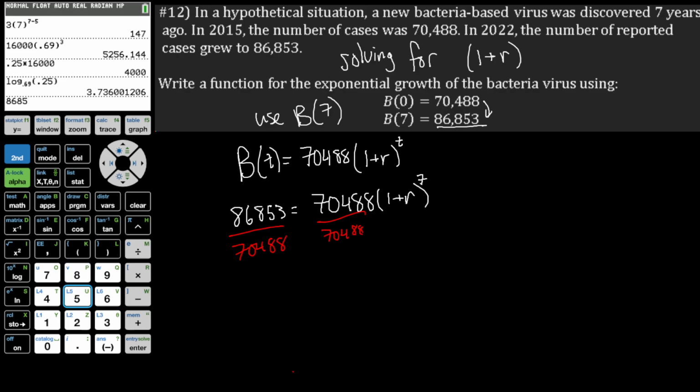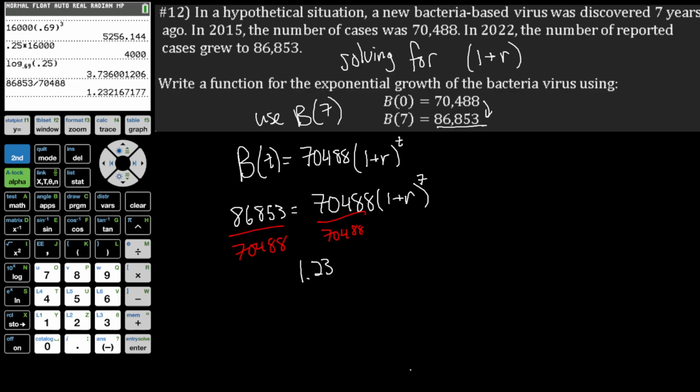So 86,853 divided by 70,488 is that value. And what I can do, so let me write this down. It's going to, because I want to use that entire amount. So I have 1.23. Let me double check again because I'm switching screens.